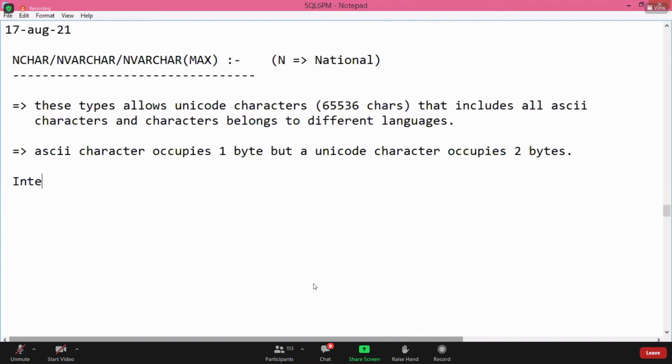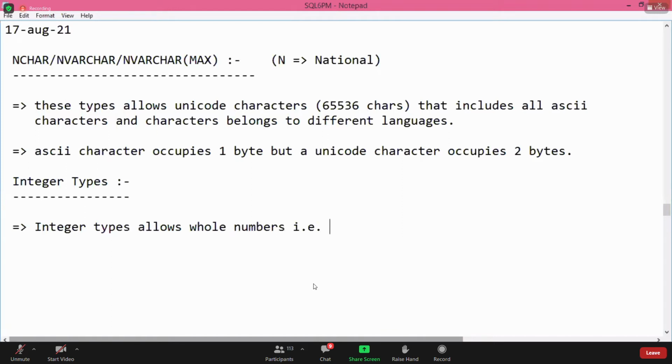Next one, integer types. So what are the integer types? Integer types allow whole numbers, numbers without a decimal part.